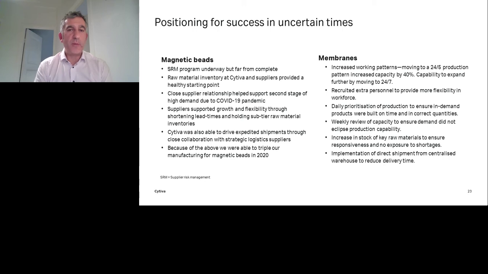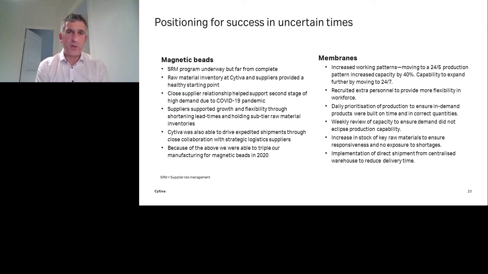When it comes to membranes, we looked at increasing working patterns, moving to 24/5 production, which increased production capability by 40%. And we have the capability to expand that further, moving to 24/7.